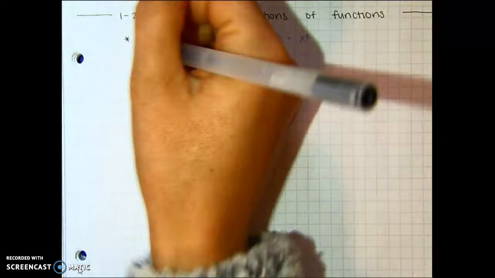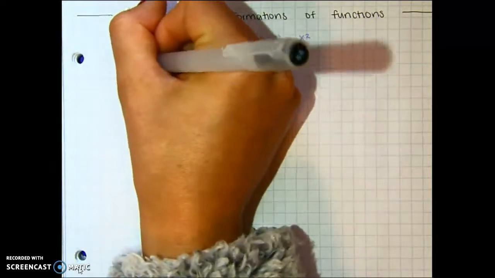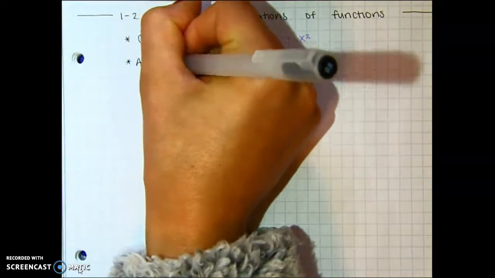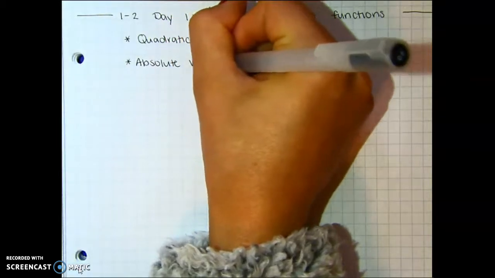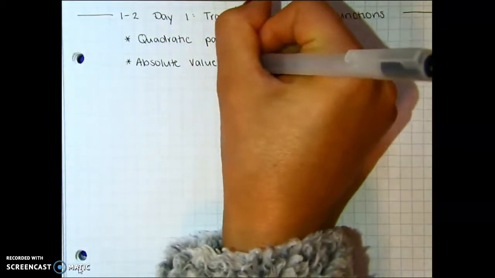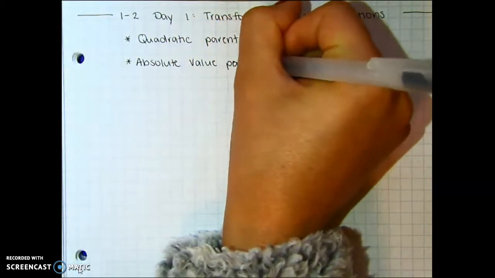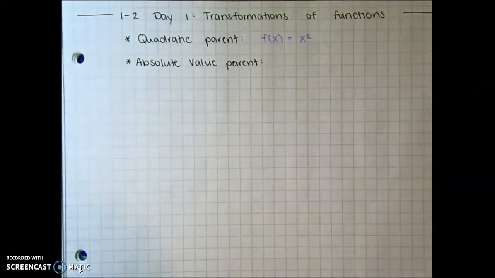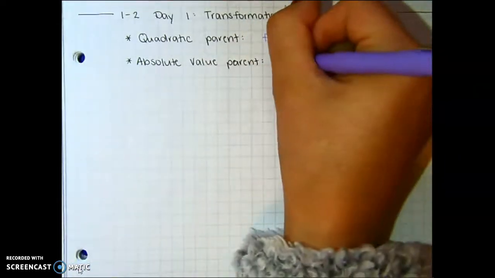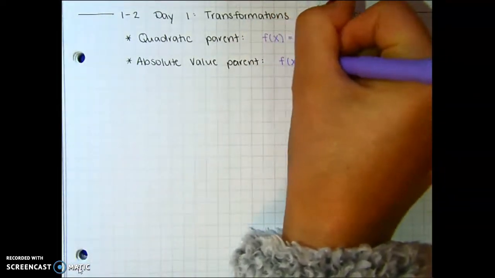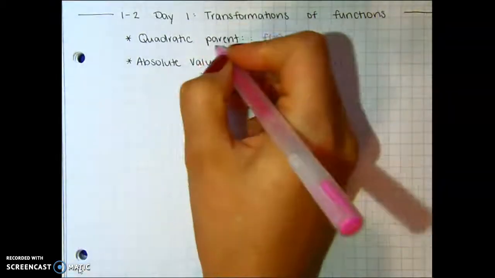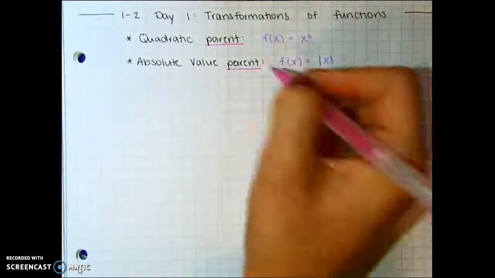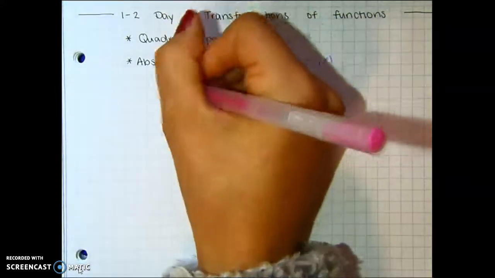And then the absolute value parent is f of x equals the absolute value of x. Now remember, parent function is the simplest form of the function.